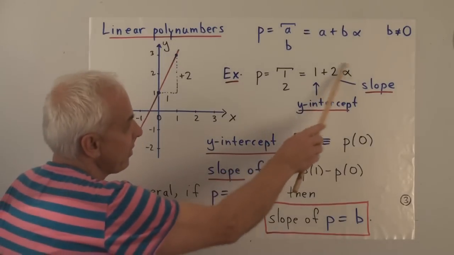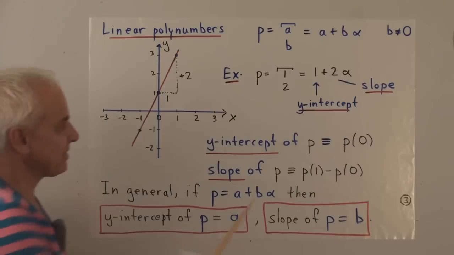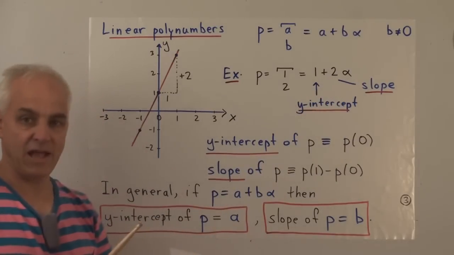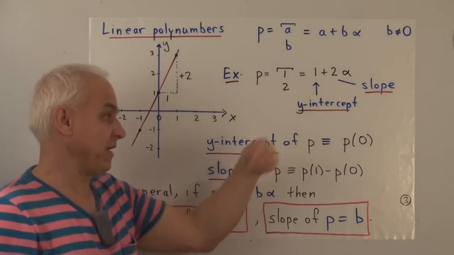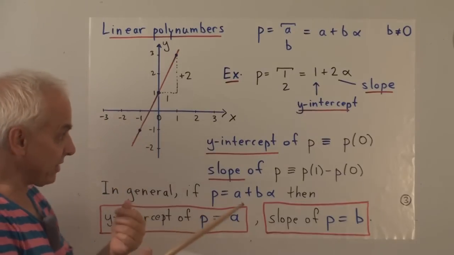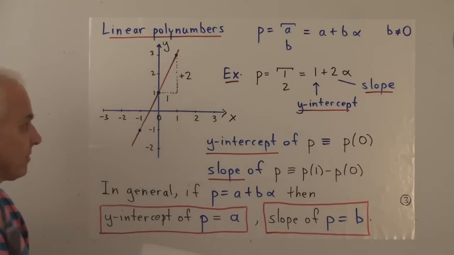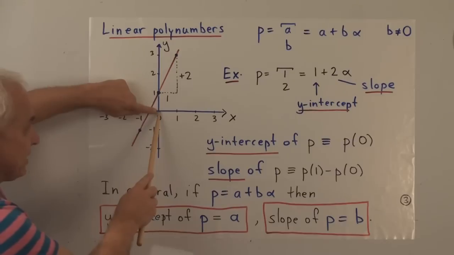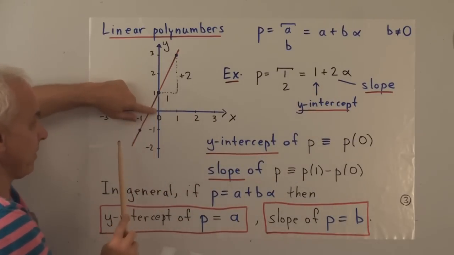This one here, let me remind you how we plot it. We let alpha be various values, and we calculate the value of p for those various values, and then we plot the value c together with the value p of c. So when c is 0, then the value is 1, so we plot 0, 1.